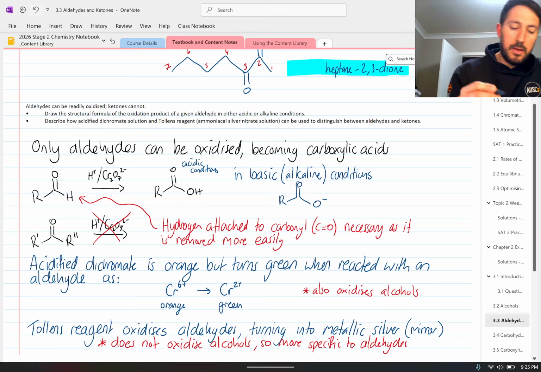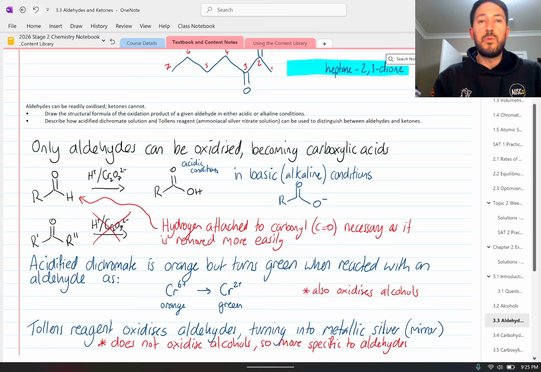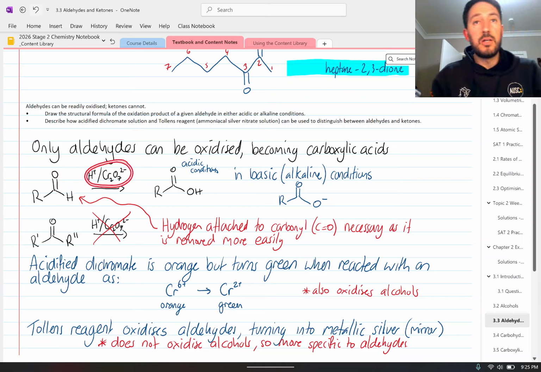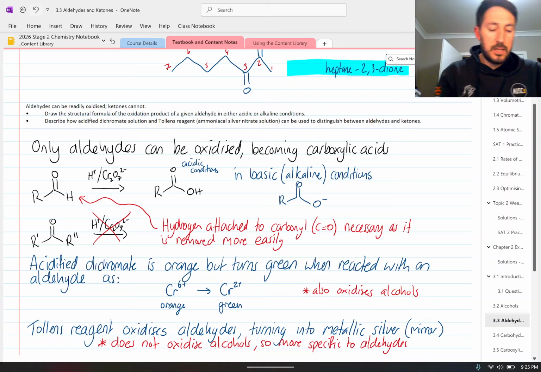And that is because of a reaction that aldehydes can do that ketones cannot. So as we see here, if we take our aldehyde, which is our C double bond O group with a hydrogen attached, and we react it in acidified dichromate, then that carbon here will be oxidized, meaning it'll be attached to an oxygen group.